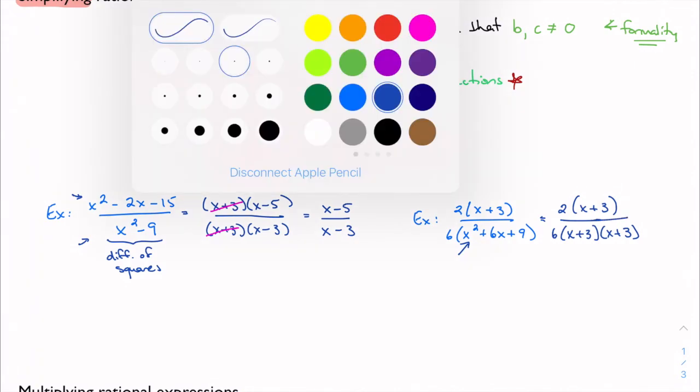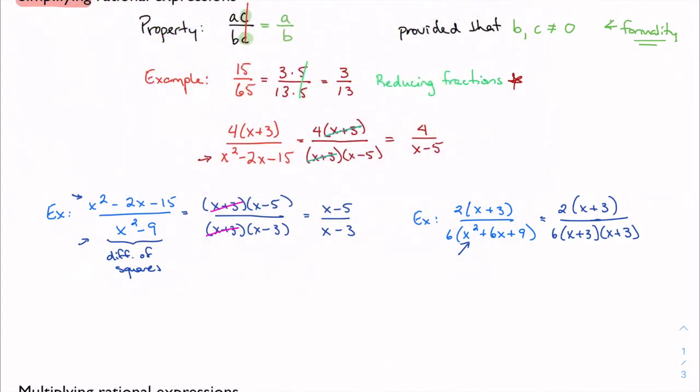And we have a whole bunch of simplification we can do, right? One of my x plus 3's cancel out. Well, and 2 and 6 are also reducible by a factor of 2, right? So 2 would become 1, 6 would become 3, and my final answer then would be 1 over 3 times x plus 3. And that's really all we're doing.